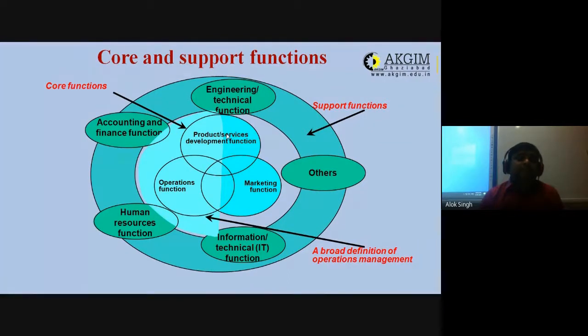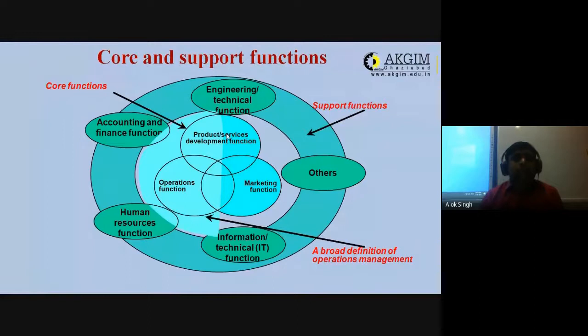Means in which activity, what would be the budget, what amount you are going to allocate for that activity, bills of material, all accounting or budget related activity will be taken care of by this department. So without approval of this function, core functions can't work. So basically this is a support function.